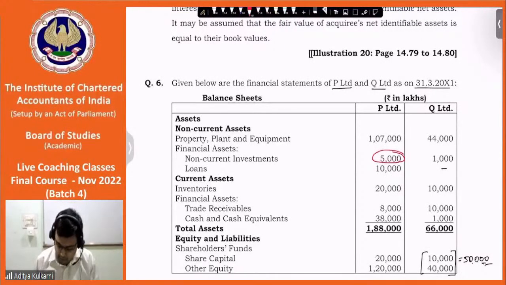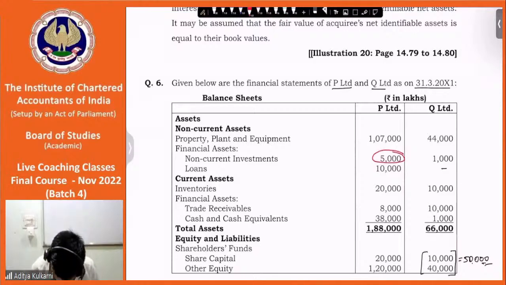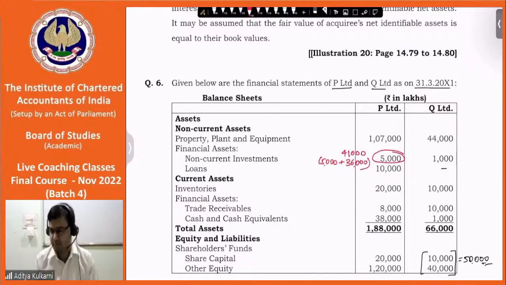So when I pass that entry, investment in Q limited is debited, so investments will go up by 36,000. So this becomes 41,000. That is 5,000 existing plus 36,000.